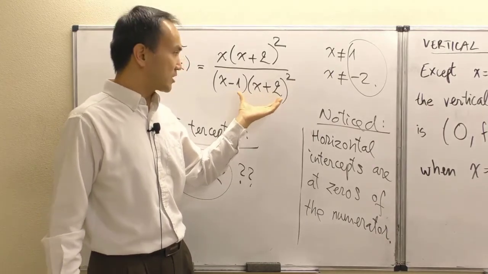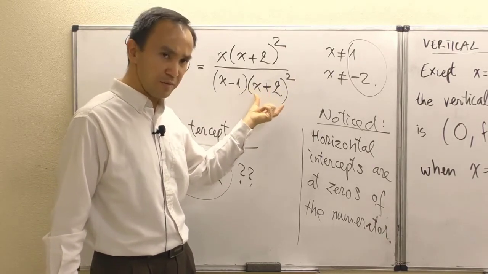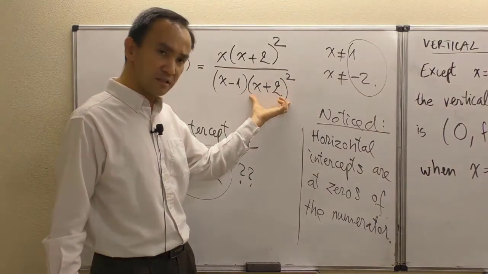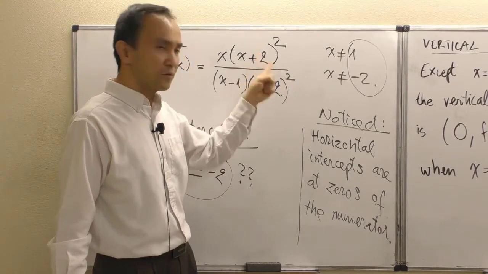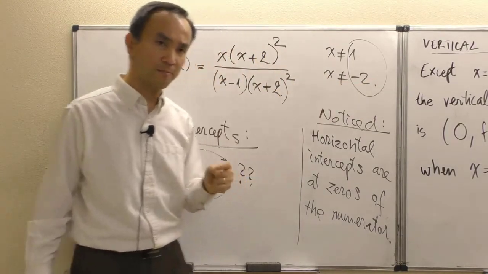At that 0 of the denominator, this factor cancels completely with the x plus 2 right here and became a hole. That's how we had that hole right there.